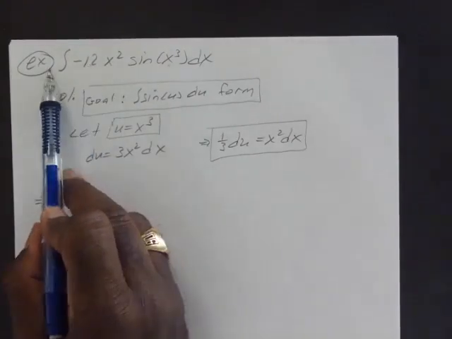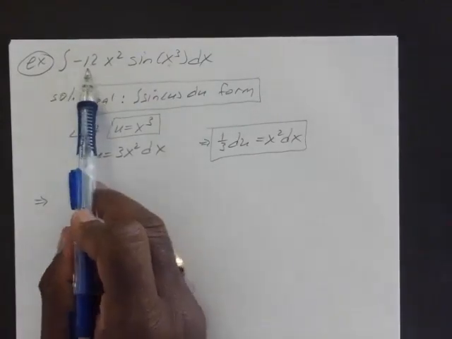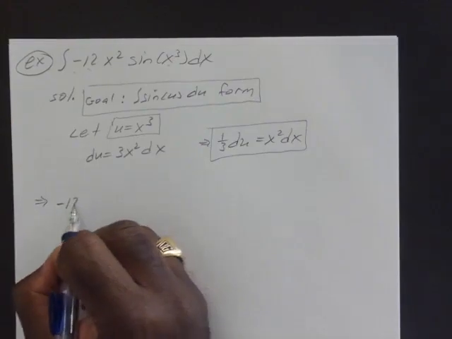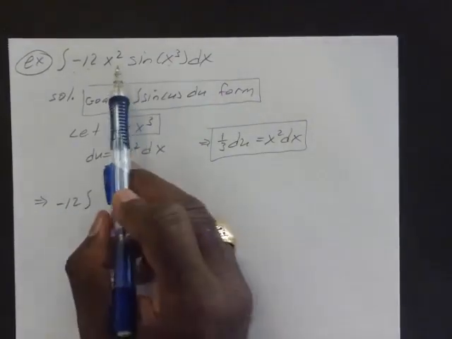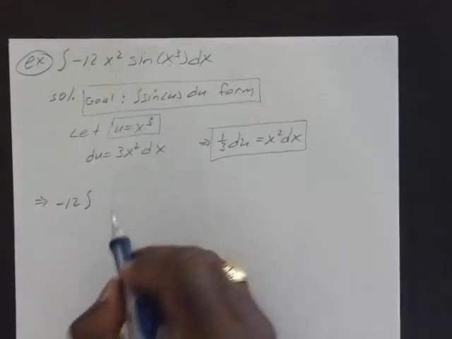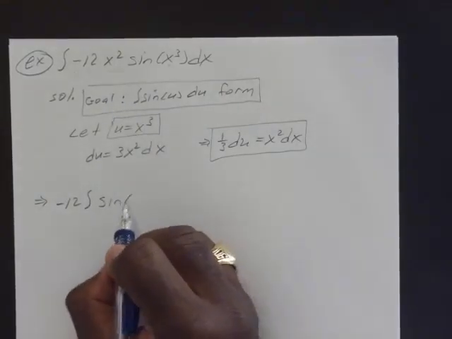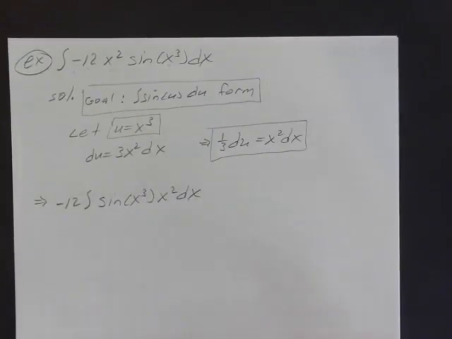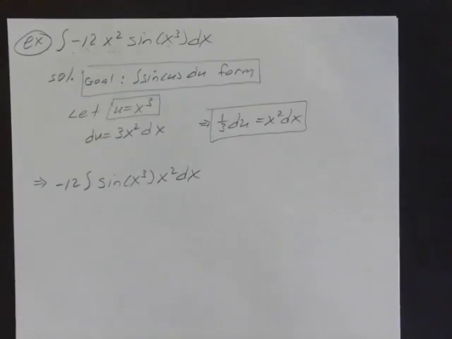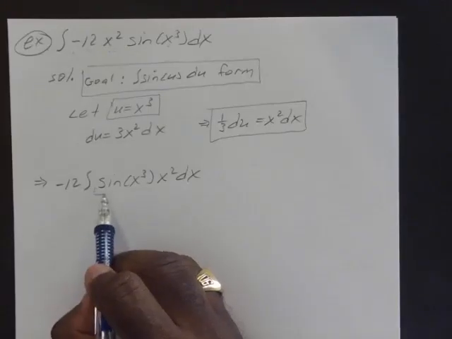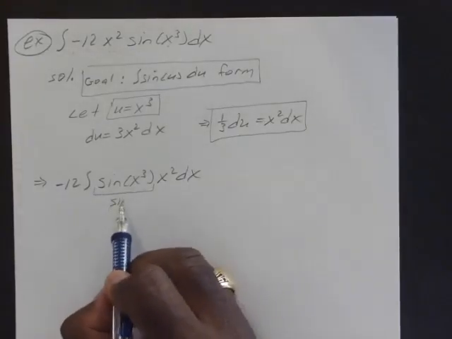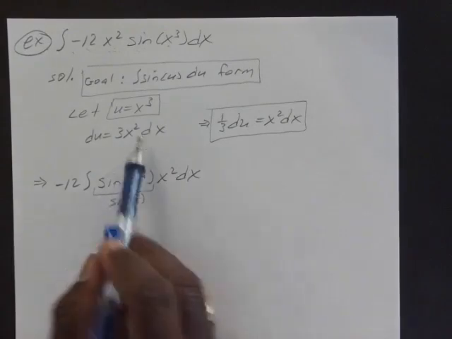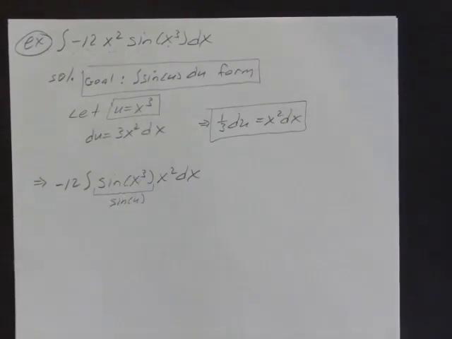Okay, so again, I'm just going to take my factor, a negative 12, and factor it out to the front. So we have negative 12 times the integral. I'm going to switch these two around. So that's sine of x to the 3rd power times x squared dx. Okay, so we know that this will give us sine of u, because our u is equal to x to the 3rd power.